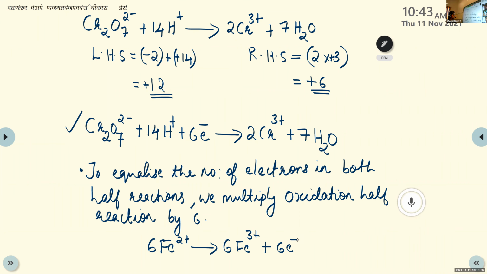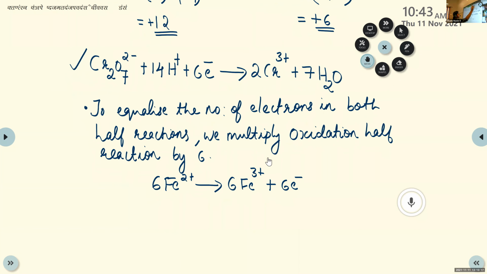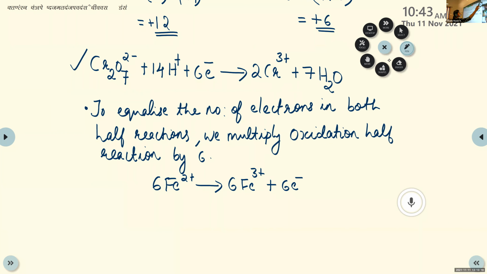Okay. Then the last step. What will be the last step? We separated this redox reaction into 2 and balanced, right? Now what will we do? We will combine these 2 reactions.